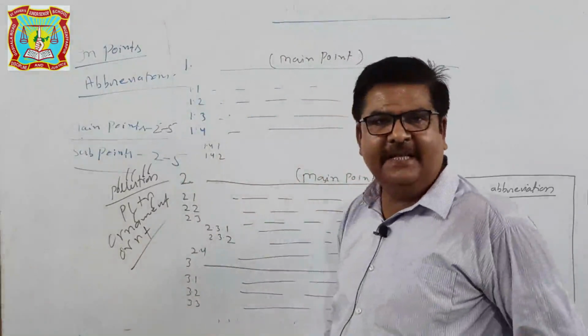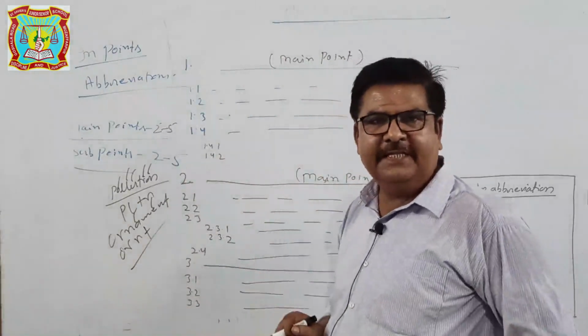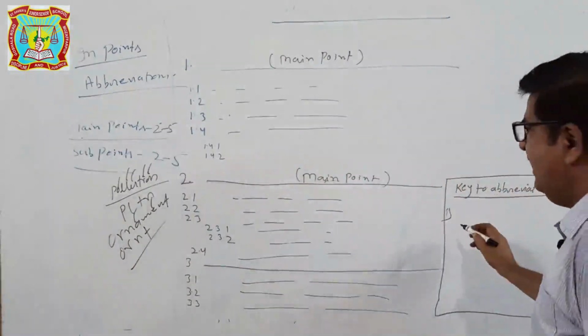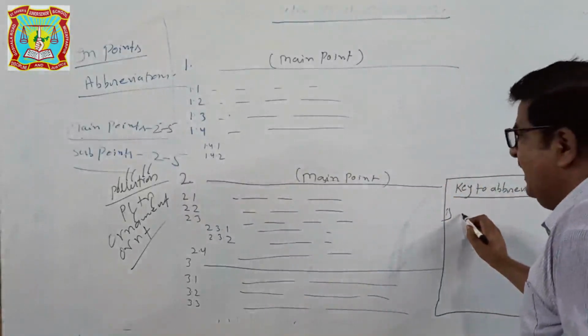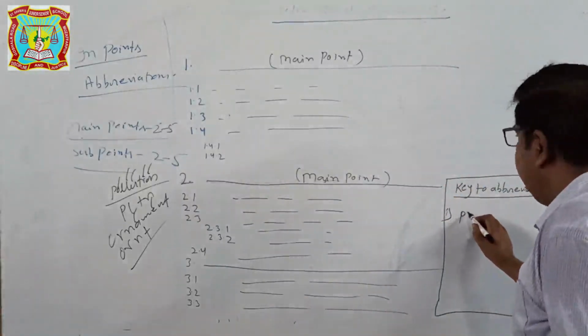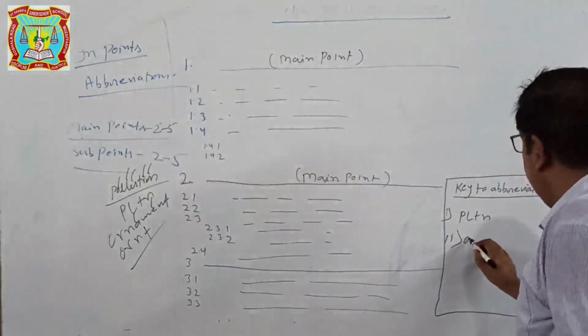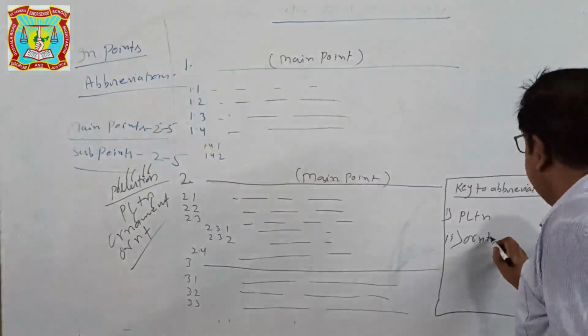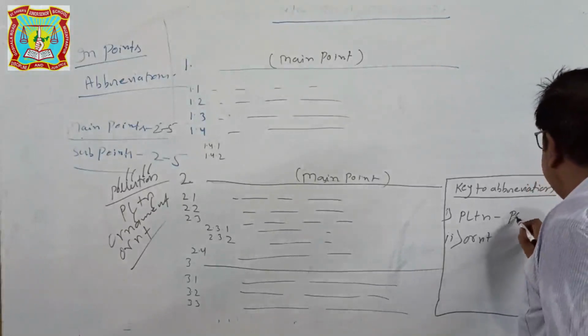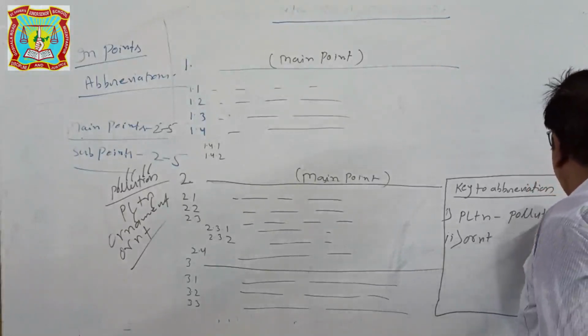This is your abbreviation, this type of abbreviation. So we will bring it here: first write PLTN, the second is ORNT. See now the full word pollution.